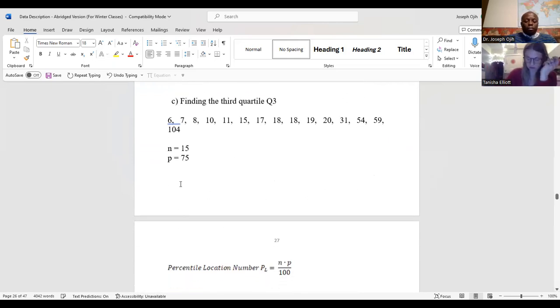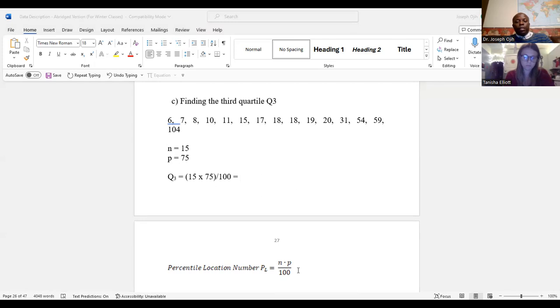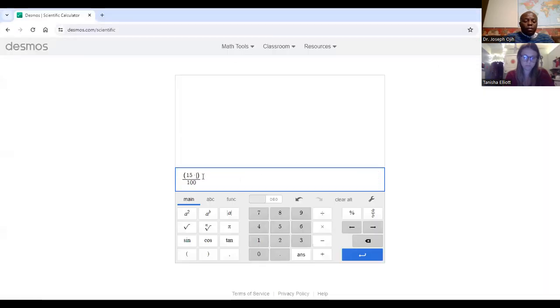So Q3 becomes 15 times 75 over 100. So we go in our calculator and change this to 75. Okay, 75 by 100, 11.25.